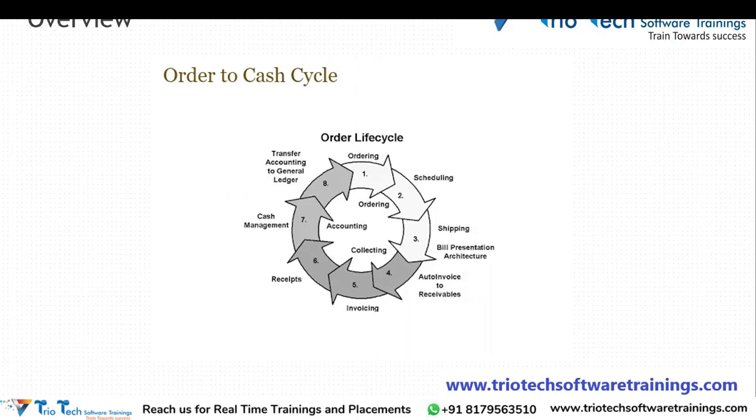Now for all these, there is a customer master that has to be maintained. Just like in the P2P cycle, we have seen that the supplier master has to be maintained if procurement is required, or if the invoicing activities for payables have to be done, then for all those processes the supplier master was required, right?